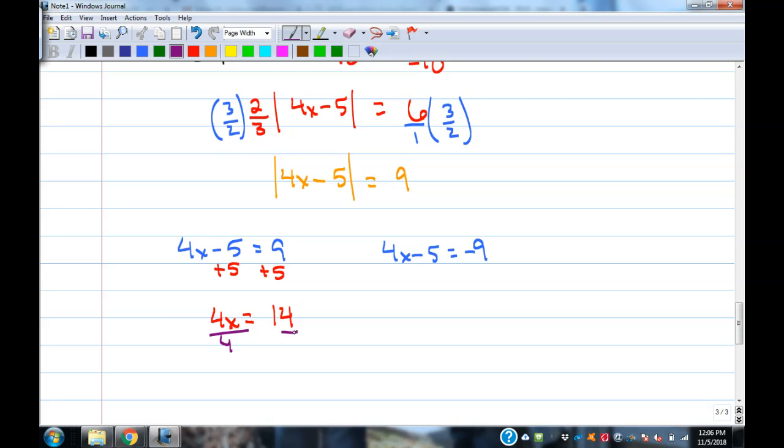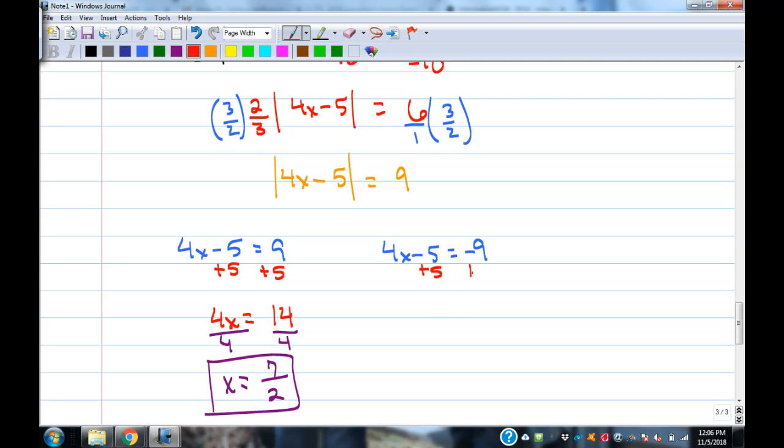That's right. And then what do we do with this? What will go into both of them? So 14 and 4 are both even numbers. So what do we know goes into? 2. 2 goes into 14 7 times, and into 4 2 times. So there's the 7/2. Leave it as that improper fraction, but reduce it all the way as far as you can. Okay, and then we just need to do the other problem to solve it.